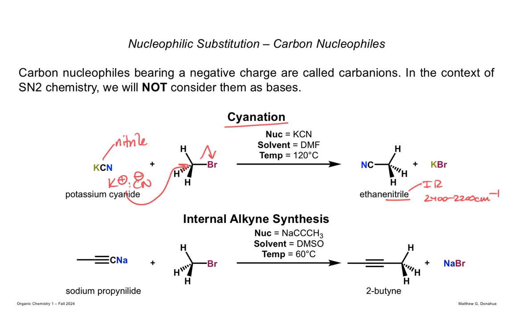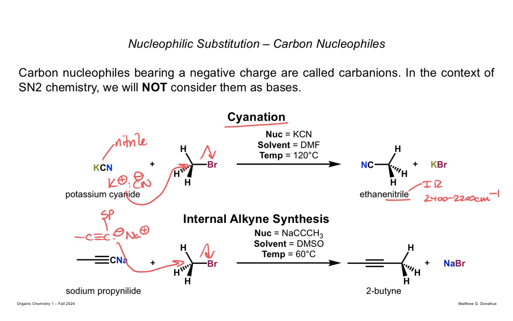So another carbon nucleophile is the alkyne nucleophile. So again, this is an sp hybridized carbon. So you're adding 3 carbons into that molecule.